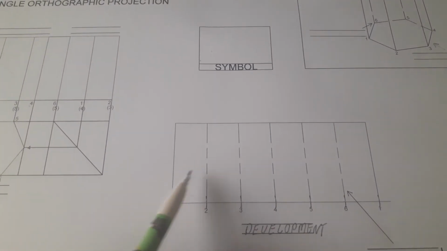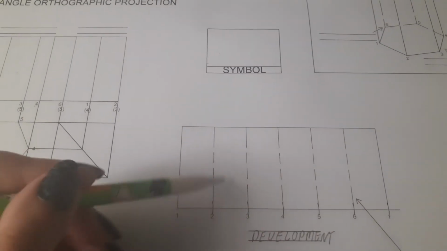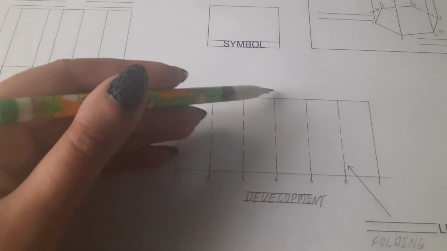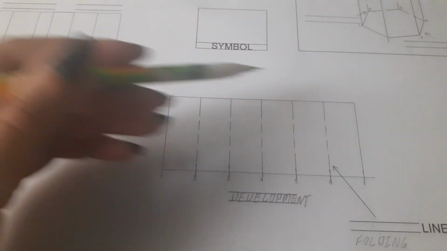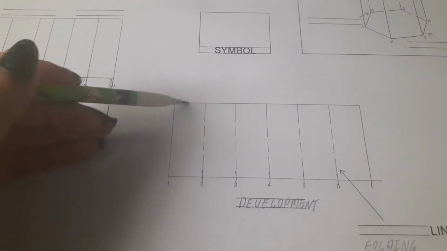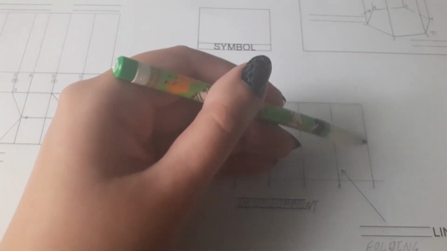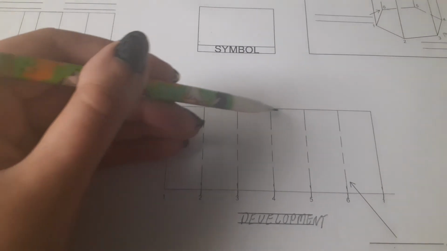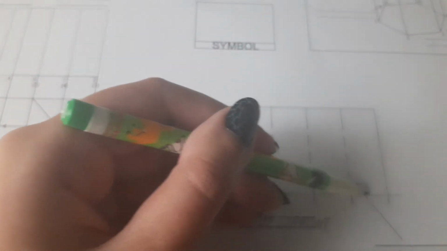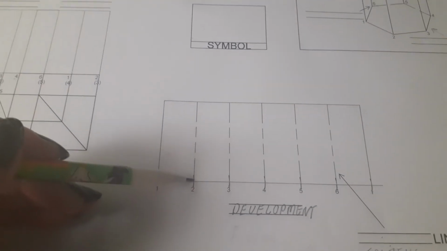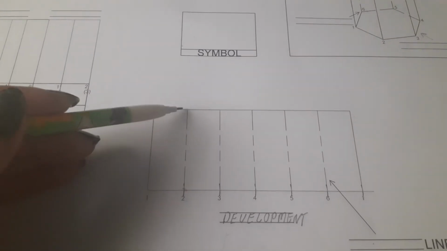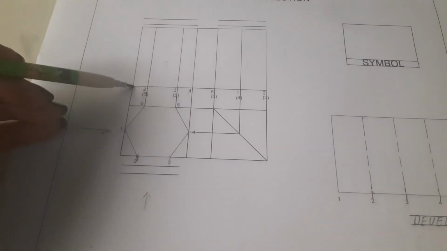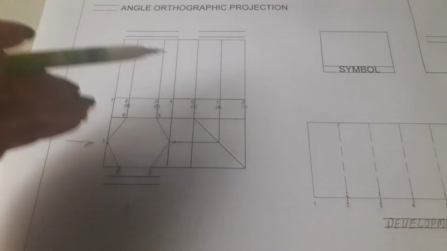When you close it, 1 will lie onto 1. Drop vertical lines from each number, from each arc, okay? Drop a horizontal line from here, and you'll have the development closed like this. So each measurement from here to here is this length, okay?